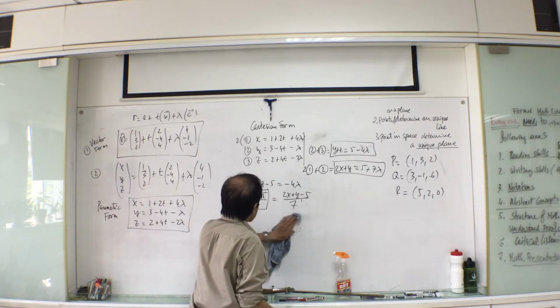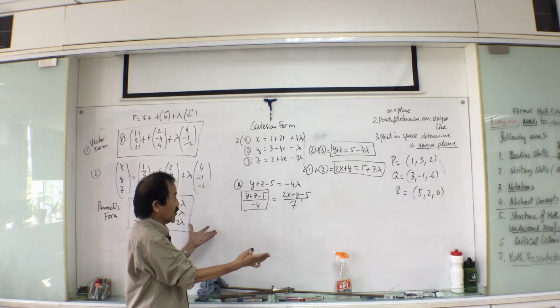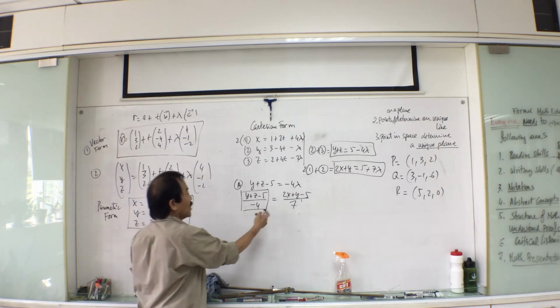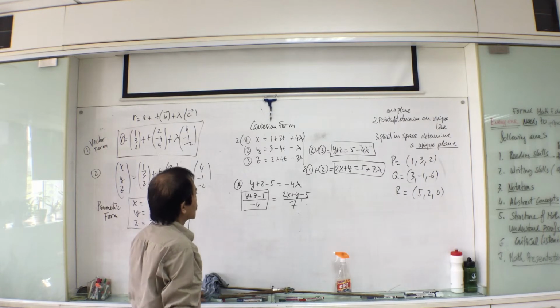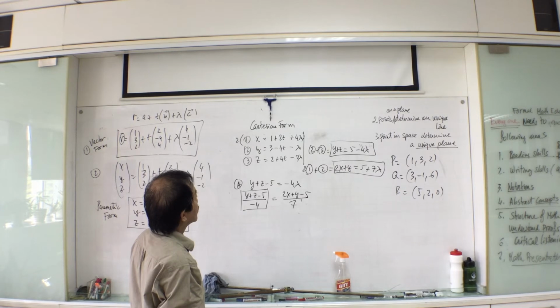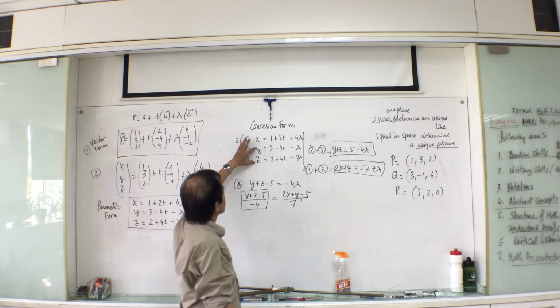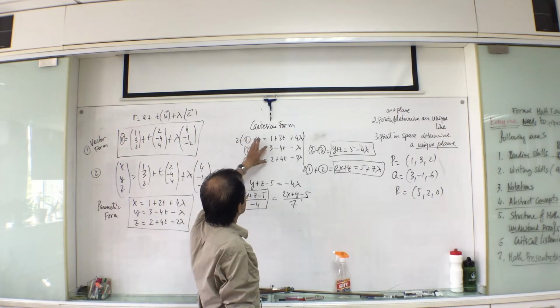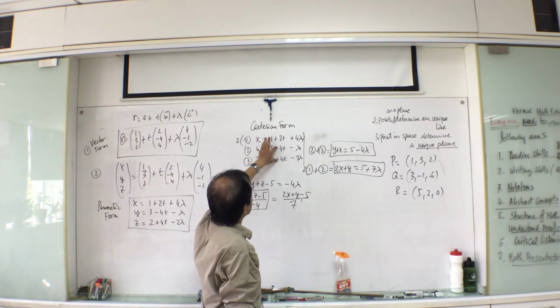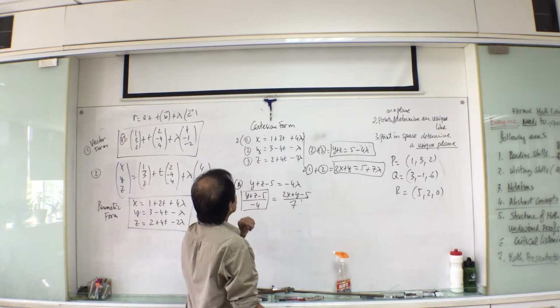Now how to simplify this? This one here we call the Cartesian form, relating x, y, and z. So how to get rid of this one here? So I have negative 4, and 2x plus y minus 5 equal, and y plus z minus 5 equal 2, 3 equal 2.